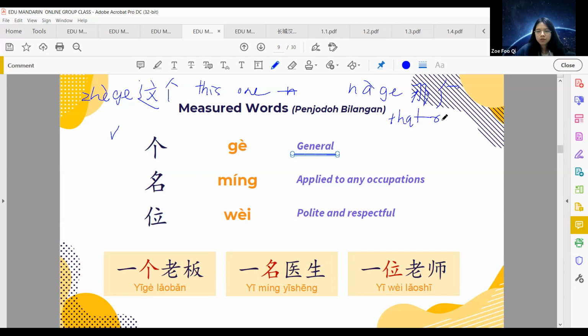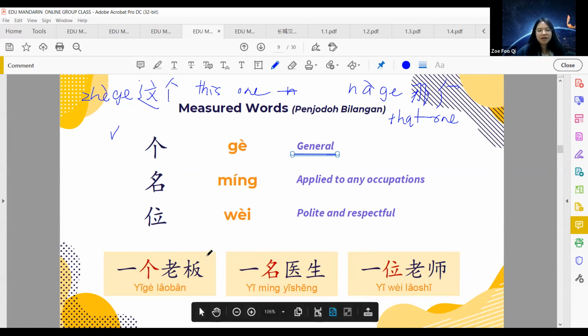So normally we will listen to this one. So this one is actually you need to take note. 个 is a very general measure word. It can be a measure for another thing. Okay, this one 名 can apply to the occupations. And then 位 is polite, very respectful to the person. 一个老板, 一位老板, 一名老板, 一名医生, 一位老师.